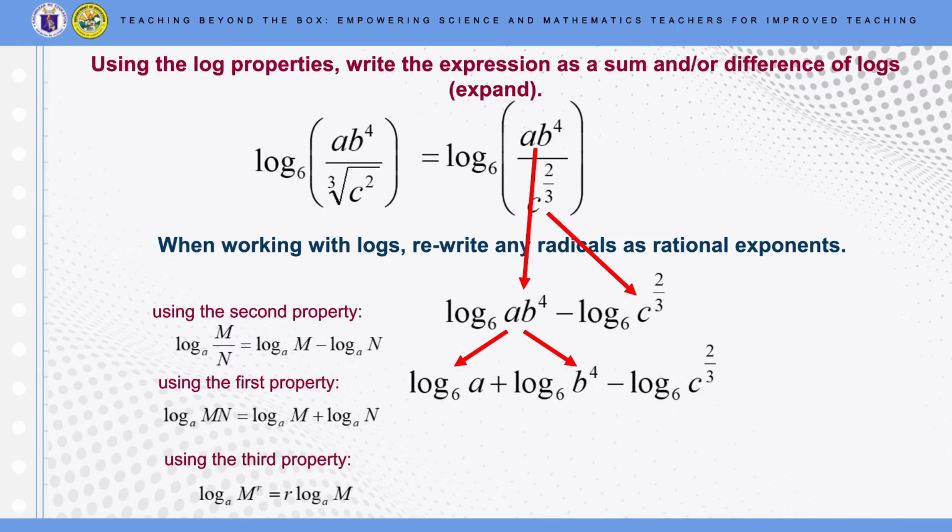Then, applying the third property, which is the power rule, we will now have the logarithm of a base 6 plus 4 times the logarithm of b base 6 minus 2/3 times the logarithm of c base 6.